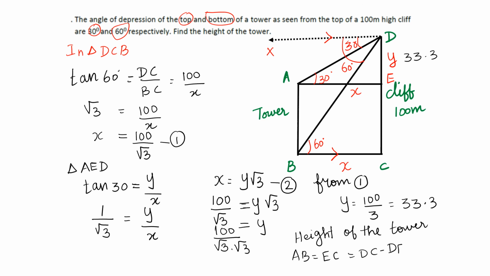What is DC? 100 minus 33.3. That is, when you subtract 100 minus 33.3, you will get 66.7 meter. So height of the tower is 66.7 meter.